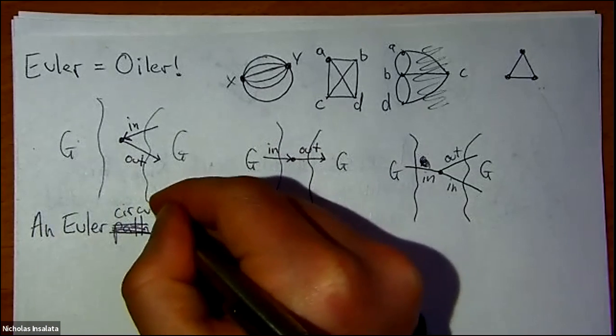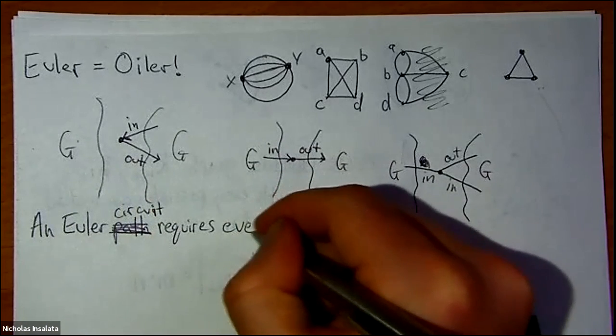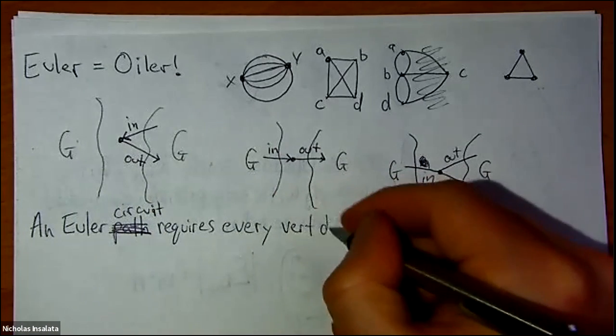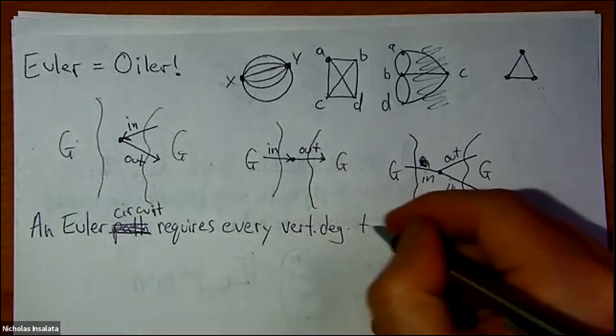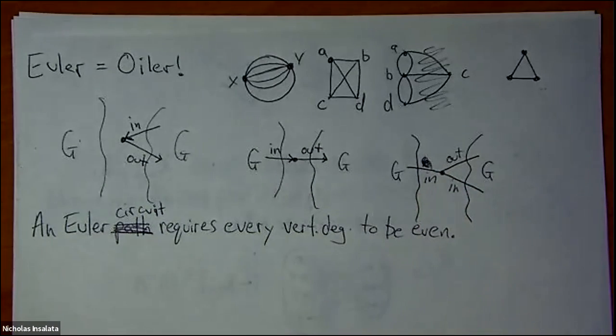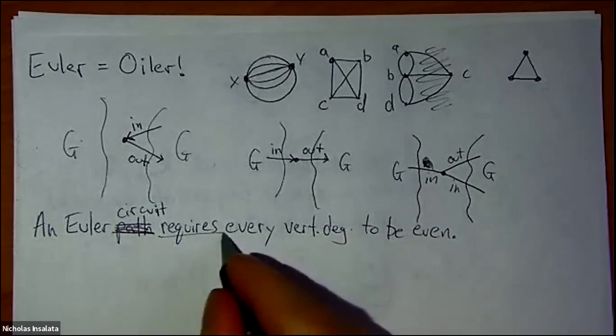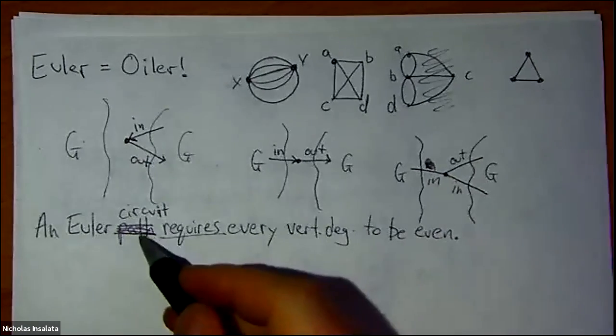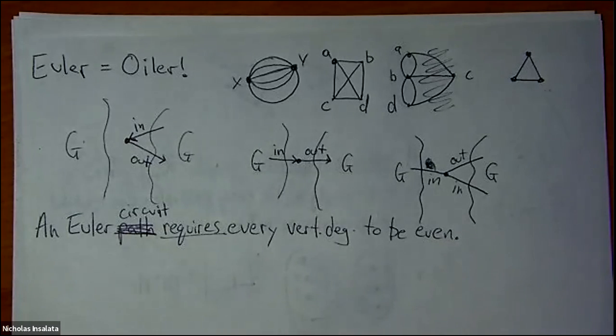An Euler circuit requires every vertex degree to be even. Okay. I think what I should do now is talk about the distinction between a circuit and a path, but does anyone have any questions here? We good on that?